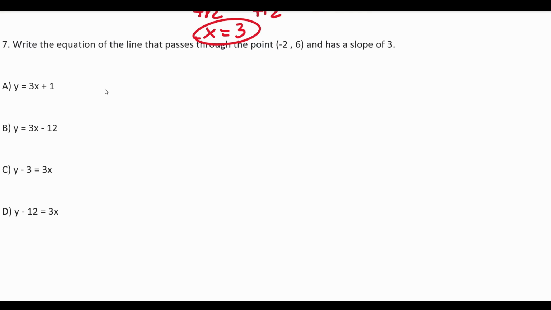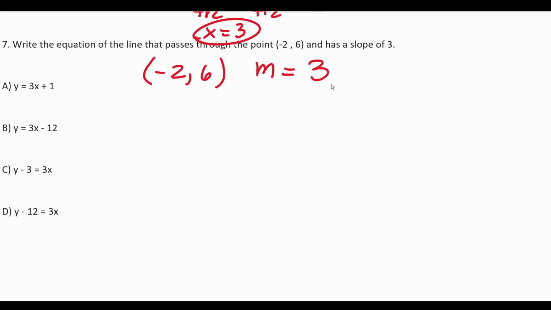All right, number 7 says, write the equation of the line that passes through the point -2, 6 and has a slope of 3. So again, we have this point -2, 6, and we know our slope, our m. Again, m is always going to be slope when you're dealing with equations of lines, 3.